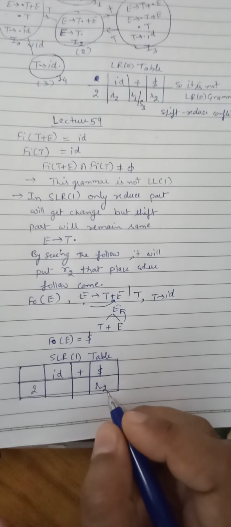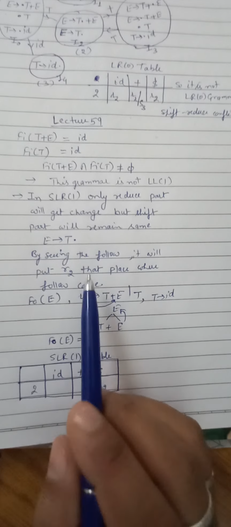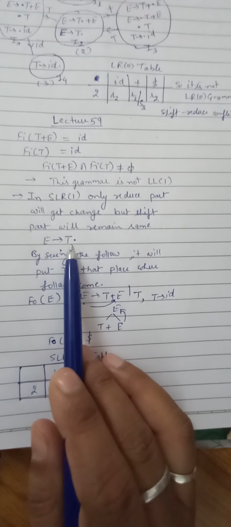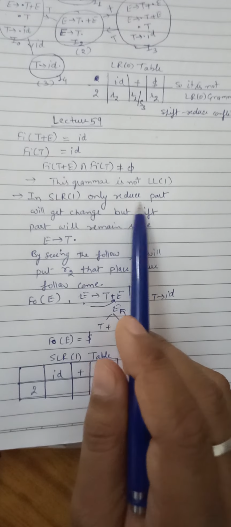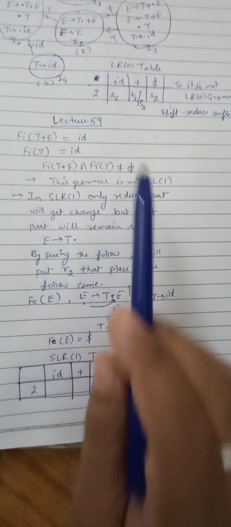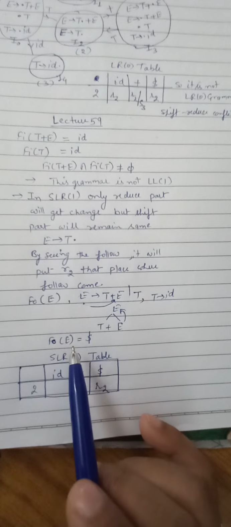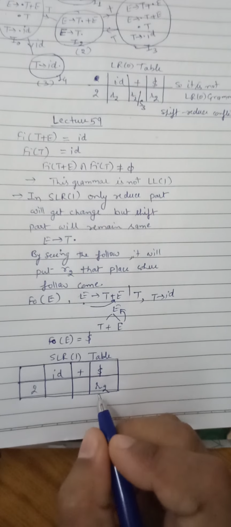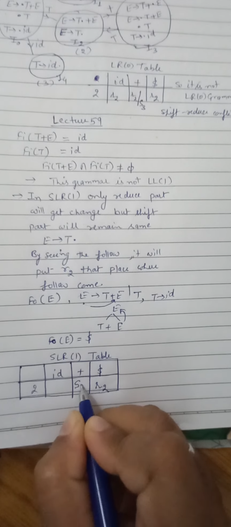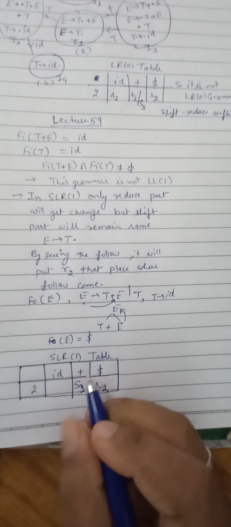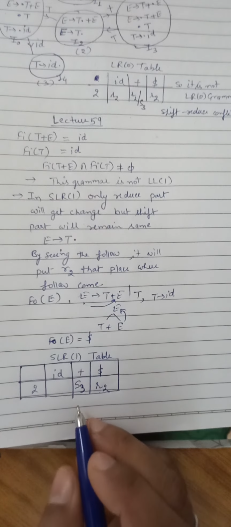We are putting R2, the reduction part only, because in SLR(1) only the reduction part will get changed, the shift part will remain the same. So we put R2 simply in dollar, and the rest will remain the same. R3 will remain the same, and because dollar is the follow, we will put R2 in dollar only, and the rest will remain empty here.